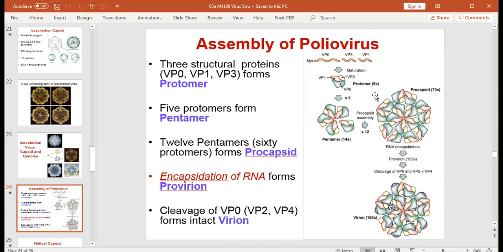And lastly, this VP0 structural protein will cleave to form VP2 and VP4, and these two proteins will interact with the virion. So a fully assembled poliovirus capsid has the RNA genome and has 4 identical subunits, VP1, VP2, VP3, and VP4.